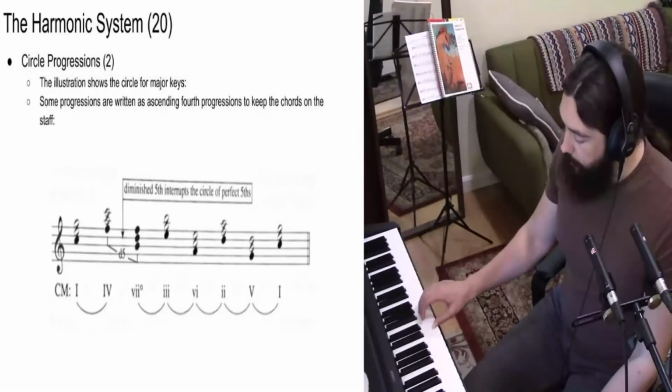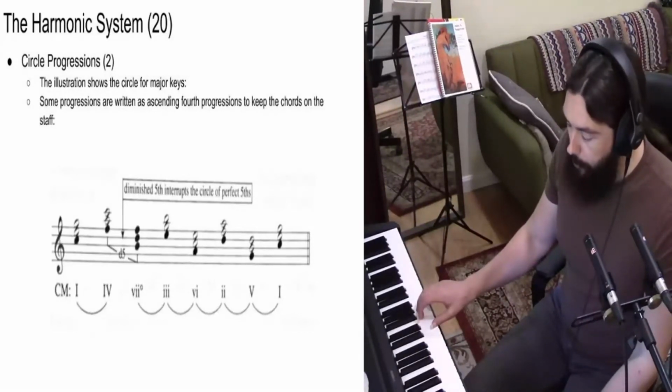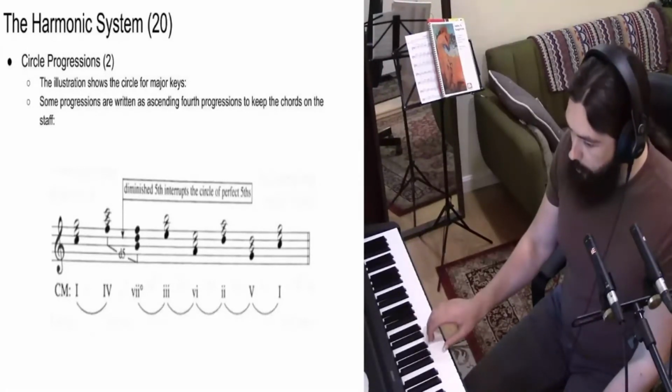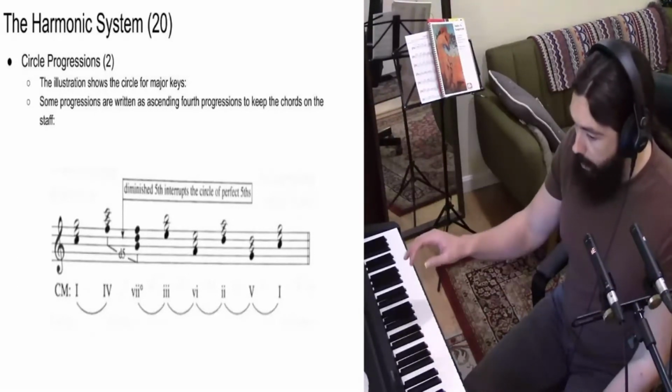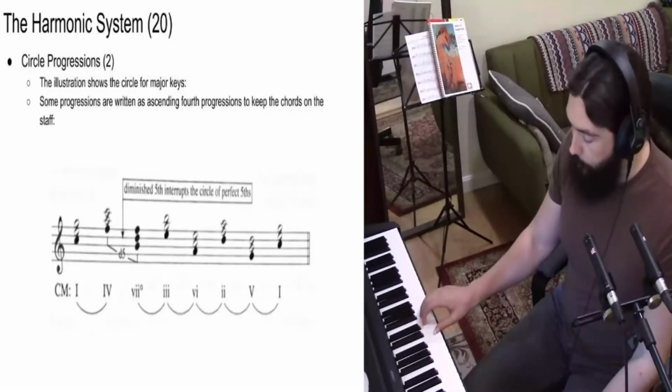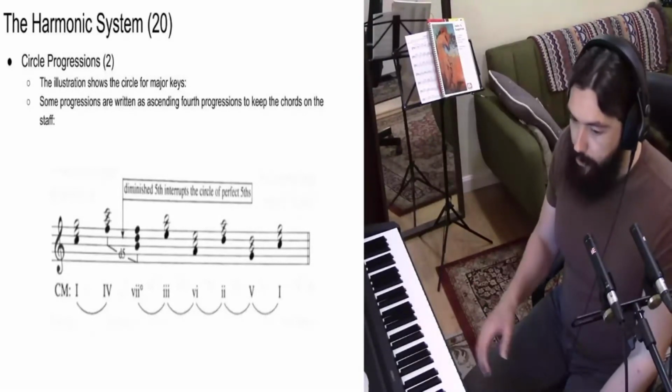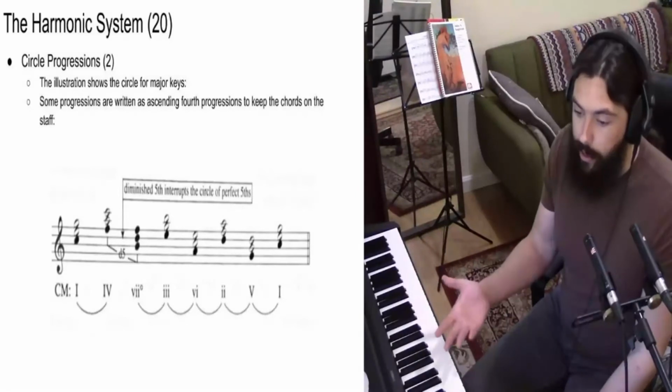Then we ascend a 4th above that, and we end up at our 2 chord. Then we descend a 5th from there, we end up at our 5 chord, and then we ascend a 4th from there, our 1. So our circle progression is just ascending 4ths or descending 5ths.